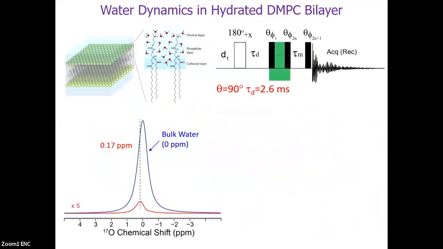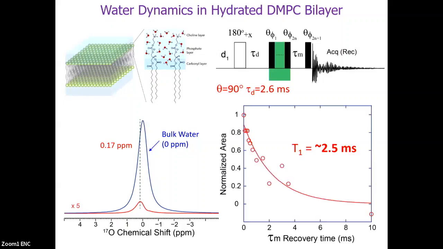And we noticed another portion of water that has a chemical shift of 0.17 ppm when we do zero crossing on the bulk water signal by setting tau D to 2.6 milliseconds. We measured the T1 relaxation of this small piece of signal and got a different relaxation time, 2.5, compared to the previous 3.7.